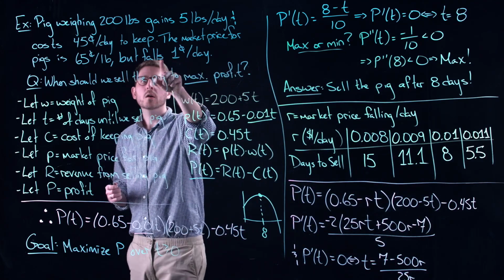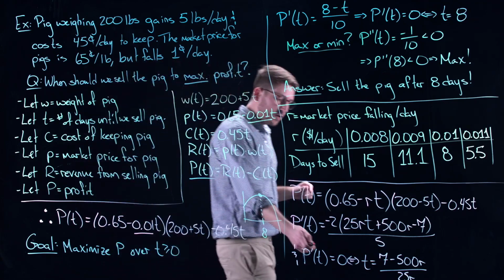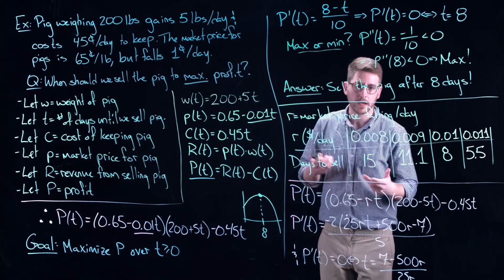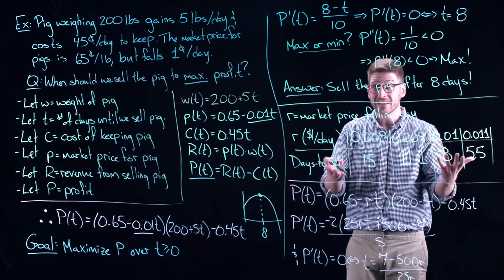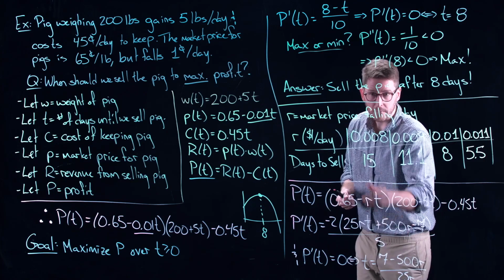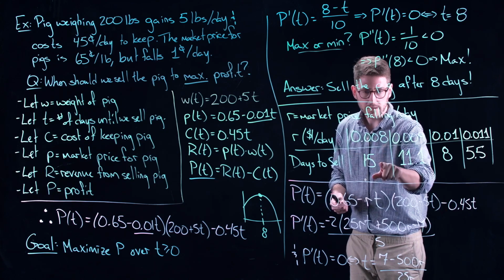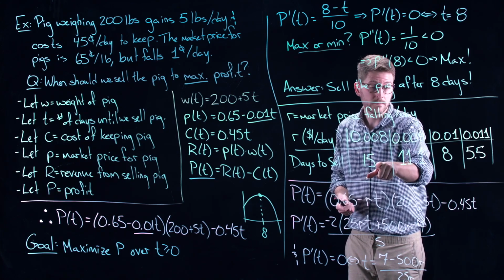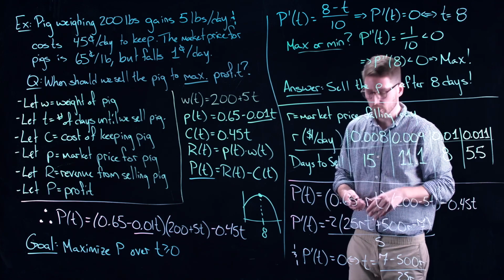So no matter what the price is falling by per day, I can always tell you when you should sell that pig. That is how I could fill in this chart right here. In fact, that's how I did it. I just didn't tell you. So, for example, when r is equal to 0.008, then t is going to be 15. If r is equal to 0.009, t is going to be around 11.1.